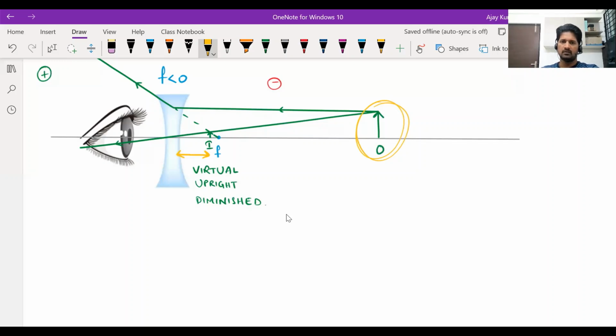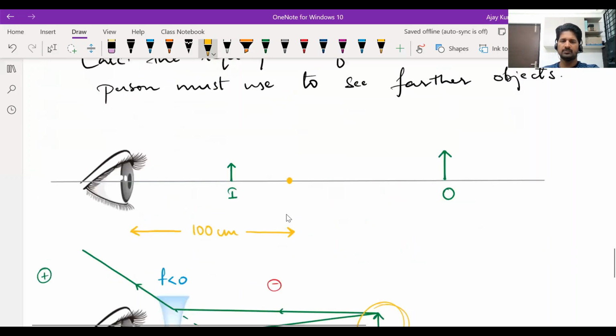Okay. Now what we want is that this person should be able to see any object which is beyond 100 centimeters also, but the person can only see up to 100 centimeters clearly. So for all objects which are beyond 100 centimeters, the images must form within 100 centimeters.